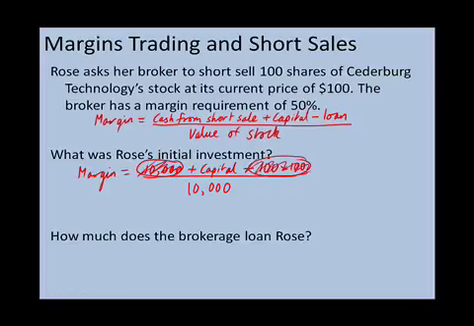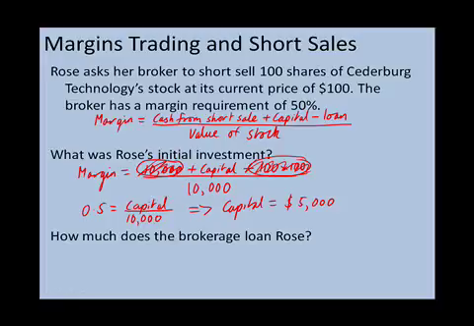So we're left with margin being equal to the capital that you invest in the account divided by the value of the position. We know that the initial margin is set to 50%. So we can now calculate how much money Rose invested initially. If we multiply both sides by 10,000, we find that Rose must have invested $5,000 initially into her account.